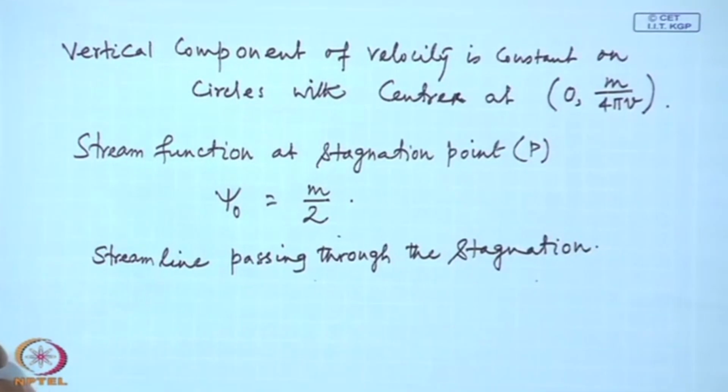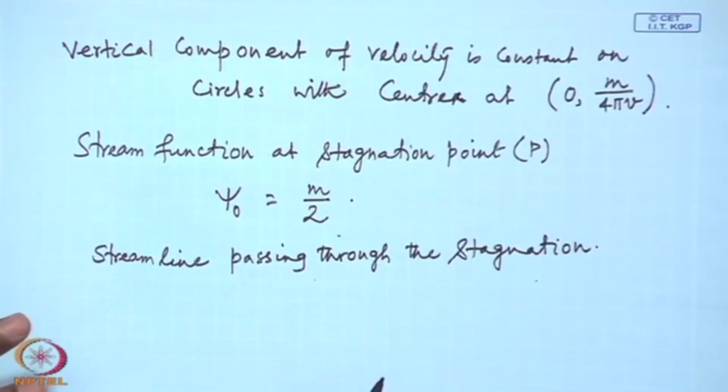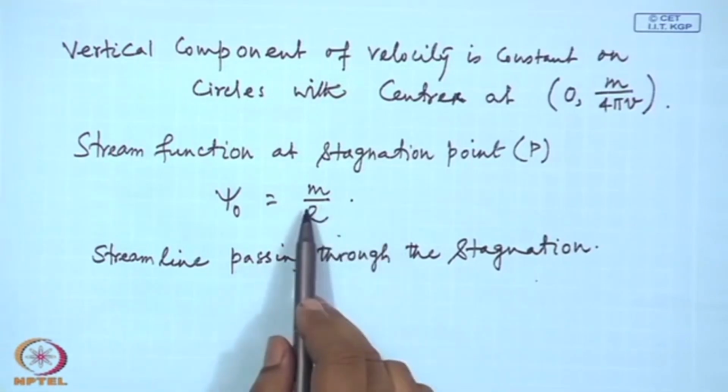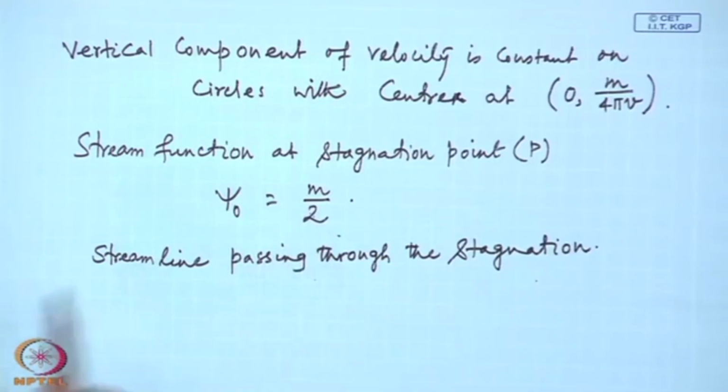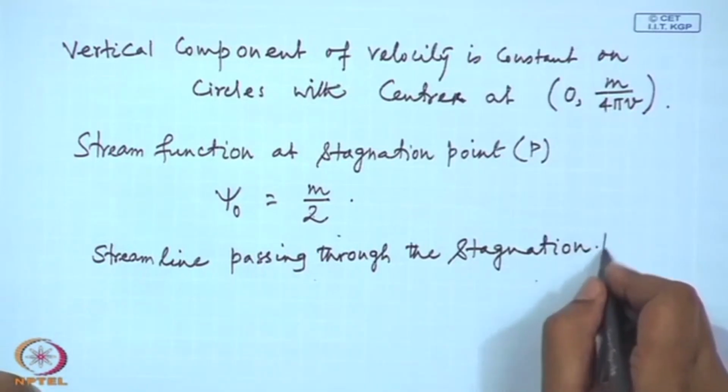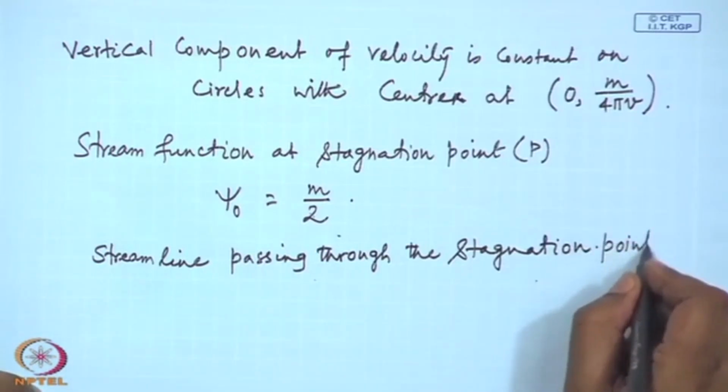Any streamline is given by psi(x, y) equal to constant, or u infinity y plus m by 2 pi theta equal to constant, and since this is passing through the stagnation point, the constant is already known, m by 2.